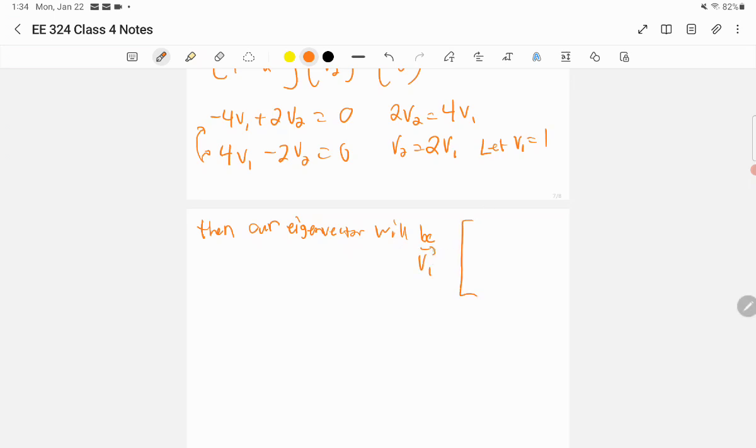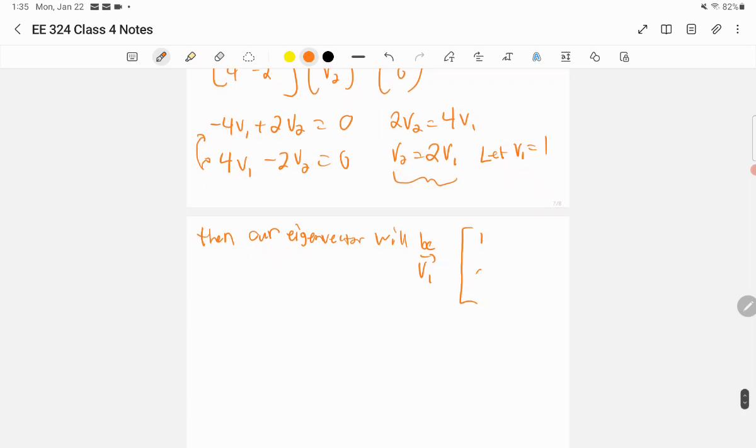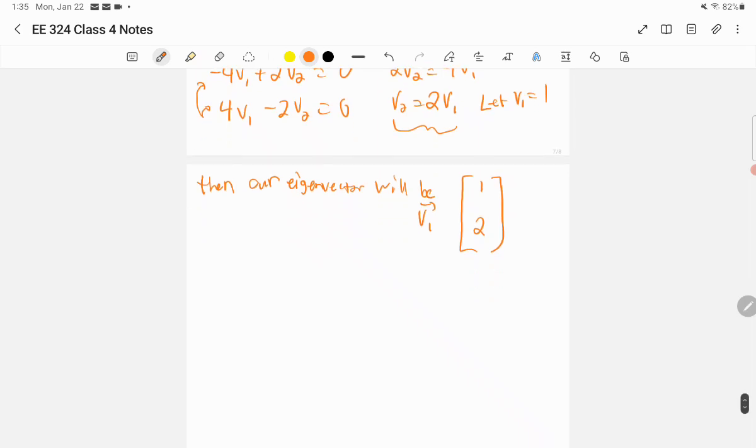The vector v1 will be equal to, I let the first term be 1, and v2 is equal to 2 times v1, so this is going to be 2. And this is associated with the eigenvalue 5.